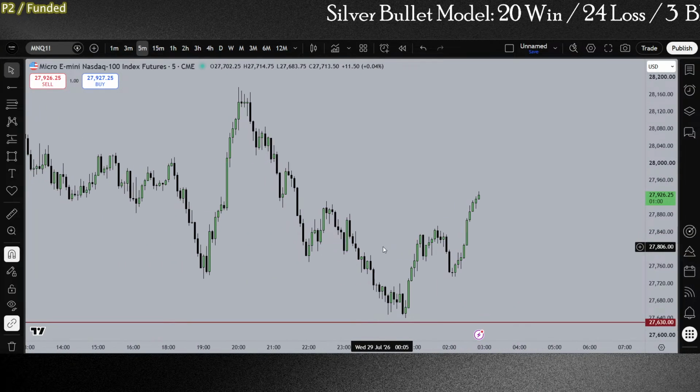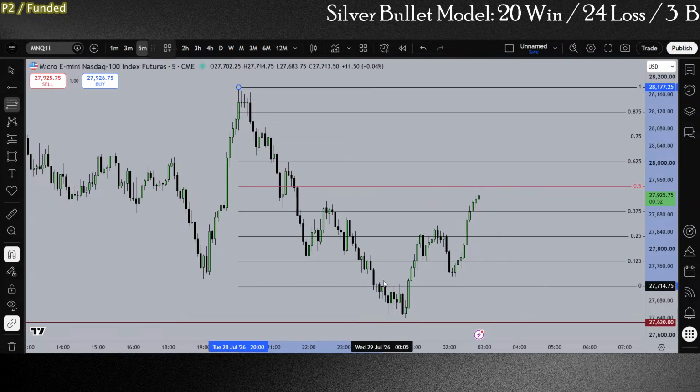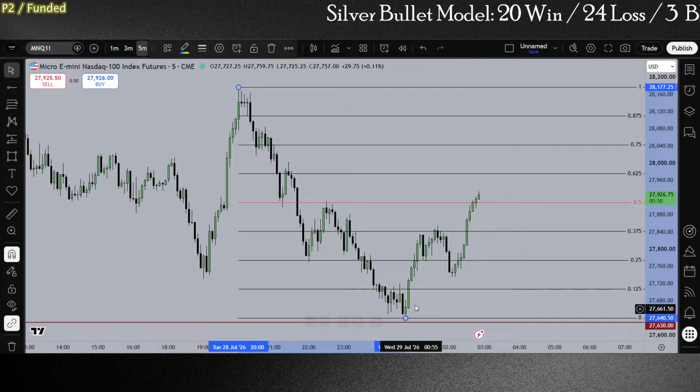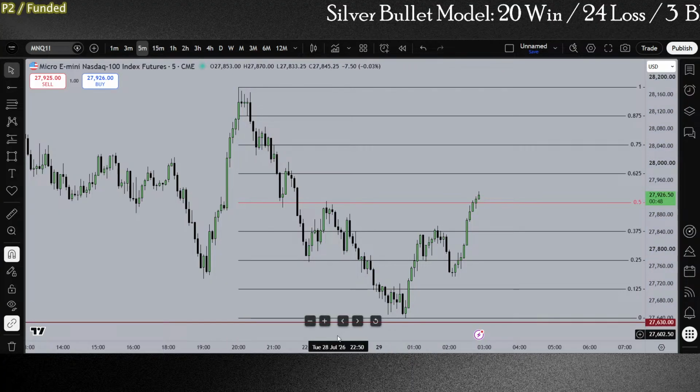Nasdaq looks like a similar idea is ongoing. We have this drop since Asia.